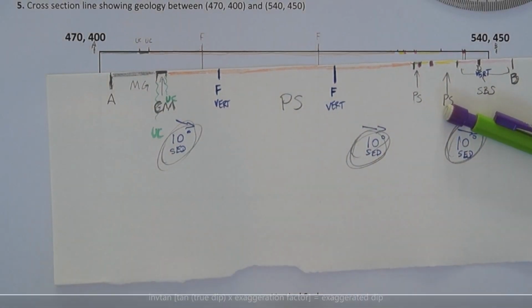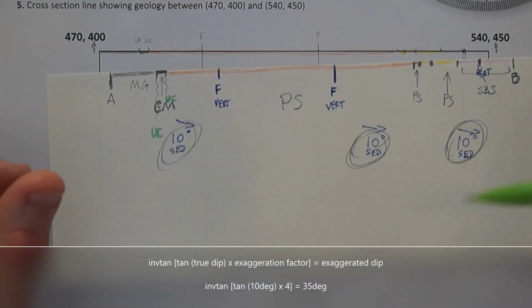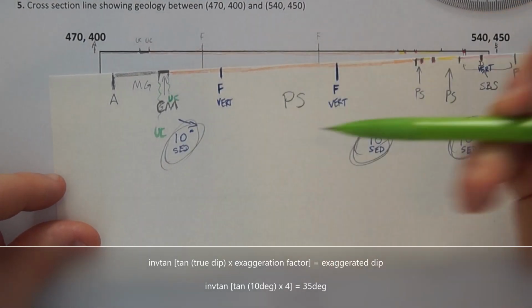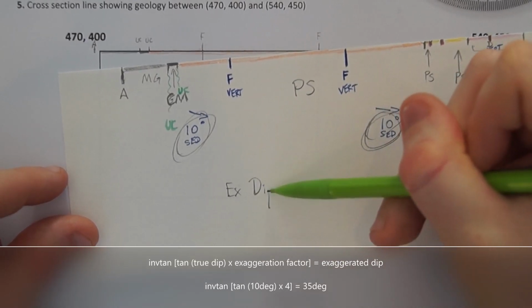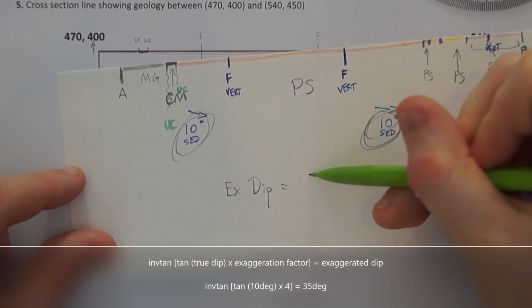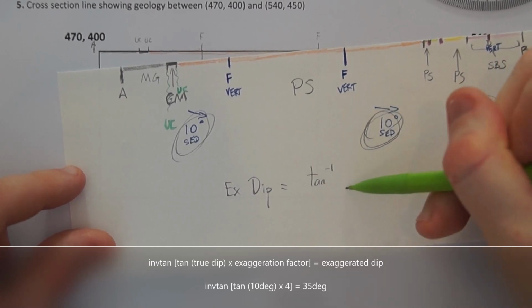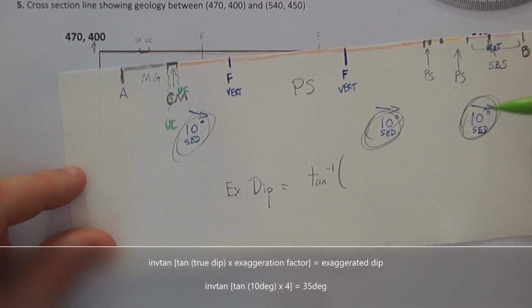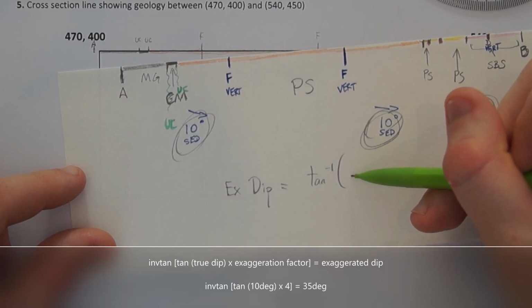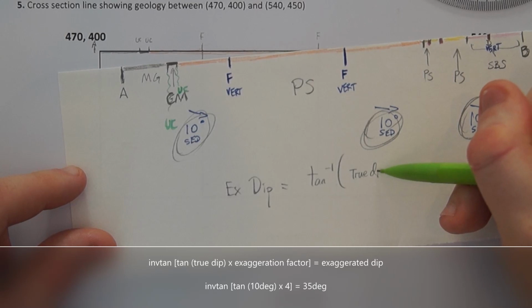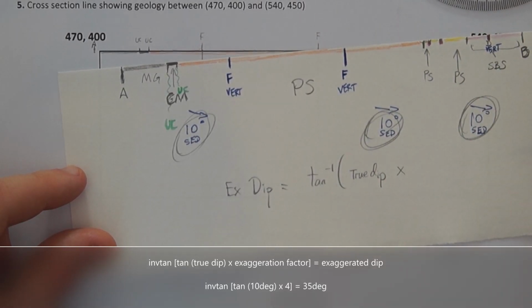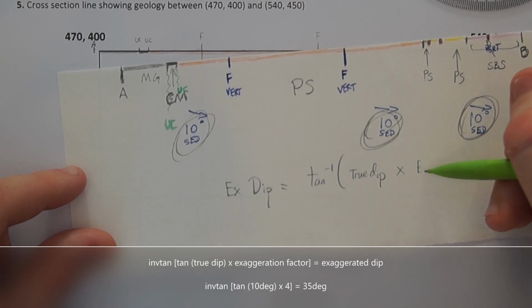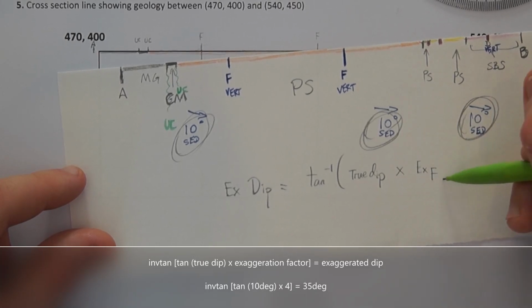Okay, the equation is given to you in the lab, but the equation, if I were to write it out here, is the exaggerated dip is equal to the inverse tangent of the actual dip, or the true dip, multiplied by the exaggeration factor.